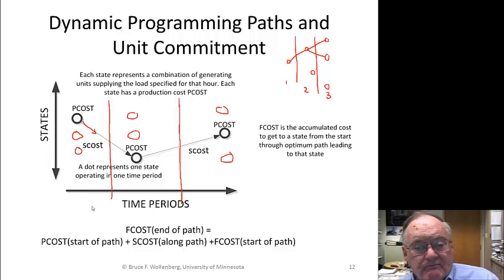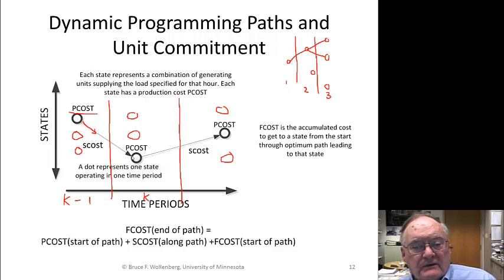Later on we'll call this, for example, K minus 1, and we'll just call this K. During the K minus 1 period, there's a load, and this represents a certain combination of units. Stick with me, we'll get to that on the next slide. This represents a set of generators supplying the load during that hour. P is the production cost for that combination to supply the load at that hour.